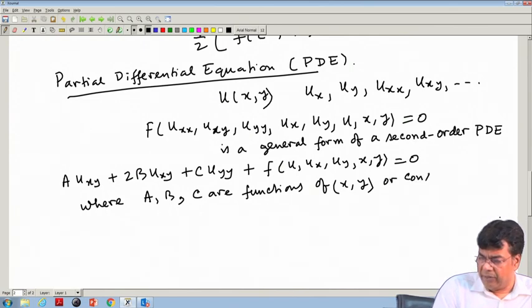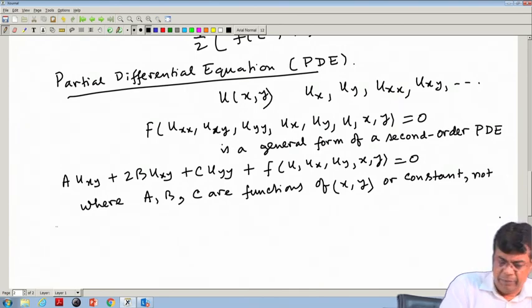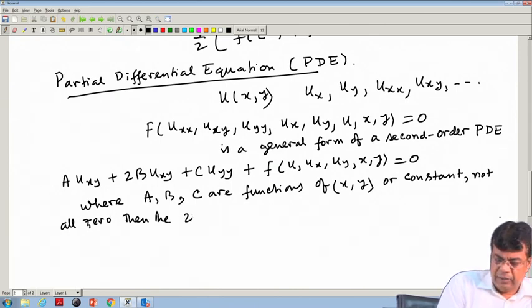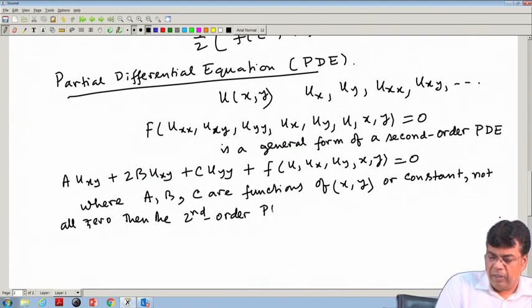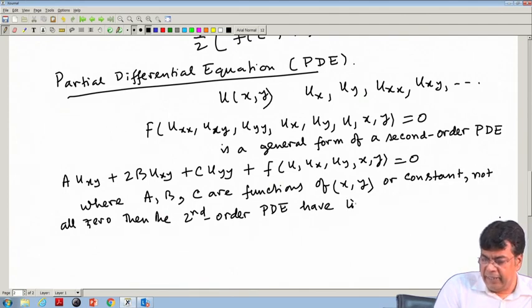It can be constant or a function of either x or y, but not all 0; they cannot all be 0. Then the second order PDE has a linear principal part.